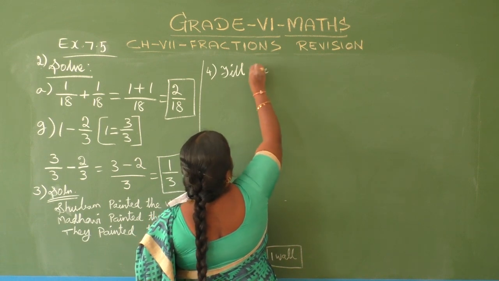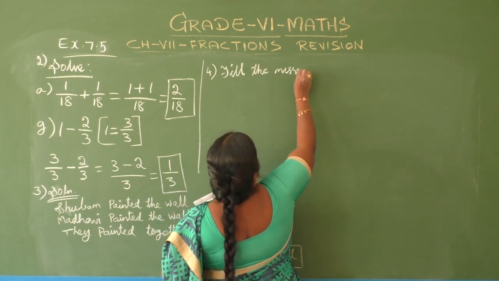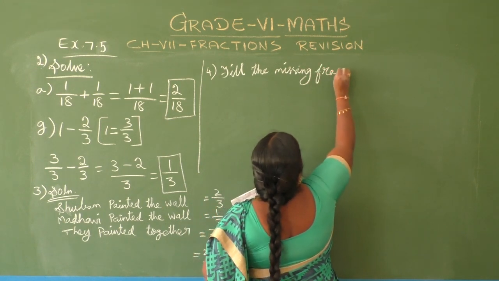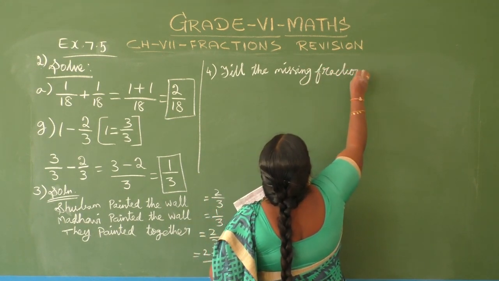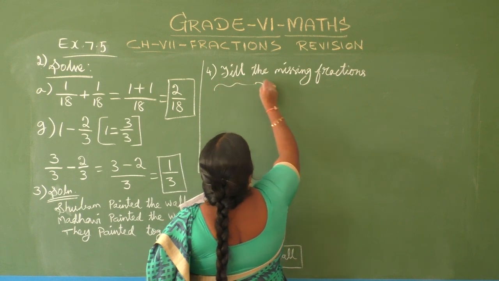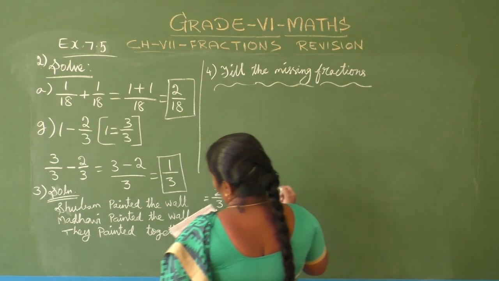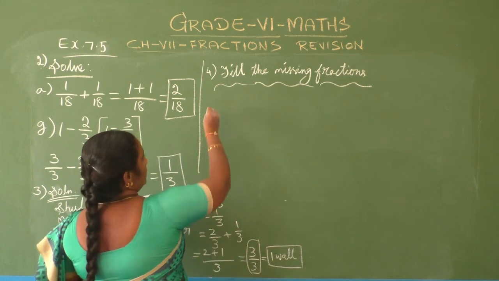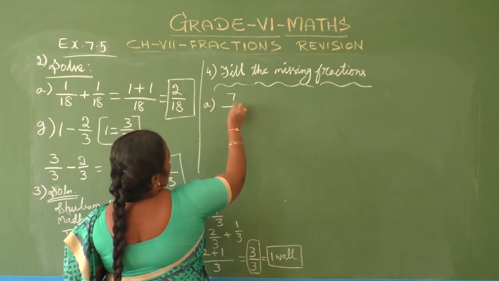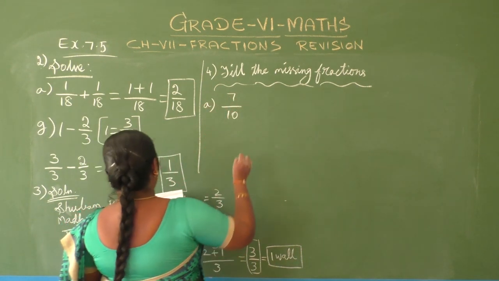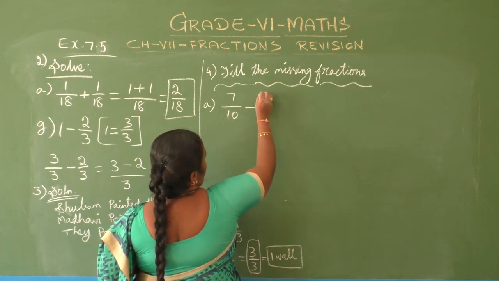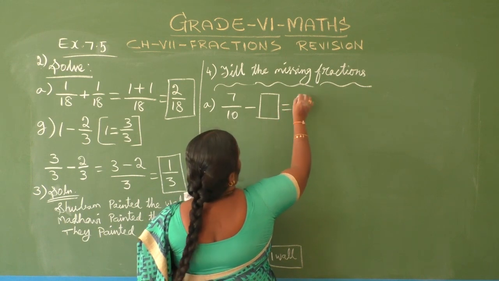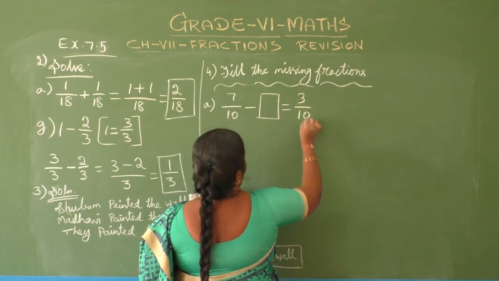See, the first one, A1: they gave 7 by 10 minus some missing fraction equal to 3 by 10.